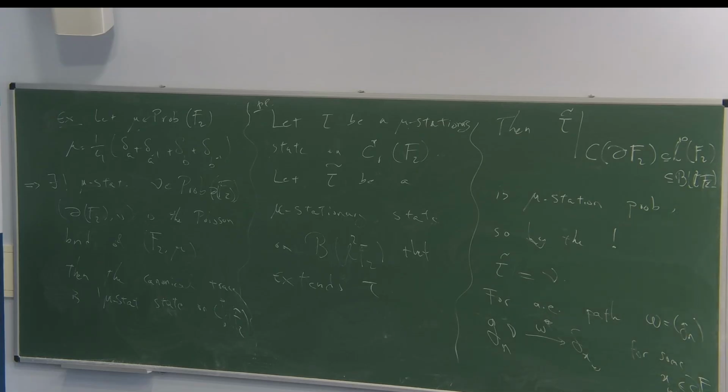But now I am in the position to apply the very first lemma I mentioned when I started my lecture last time. And that is, whenever you have a state on B of L2 that restricts to a Dirac measure, then it will kill any group element that moves this point.